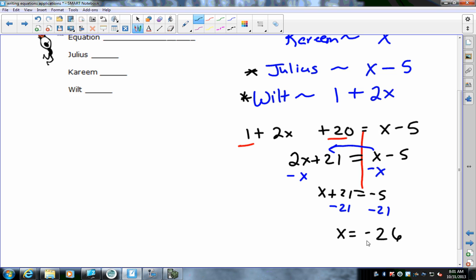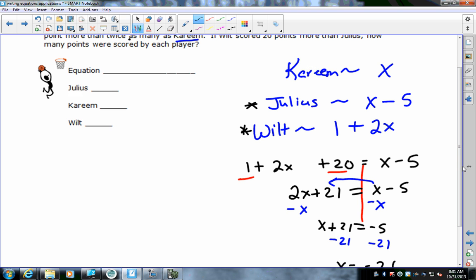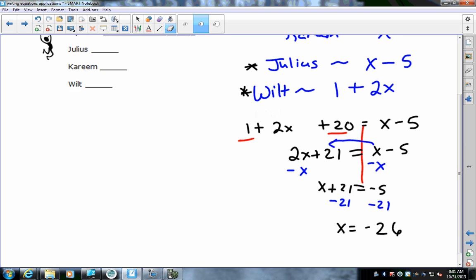Why can this not happen? How do I know I'm wrong? Yes, even if you suck, they don't make you have negative points, right? Scoring for another team, they still don't put in the record books that you have negative points. Now your team might be mad at you, but that's different. Okay, so that's where I know I messed up and I need to go back and look.